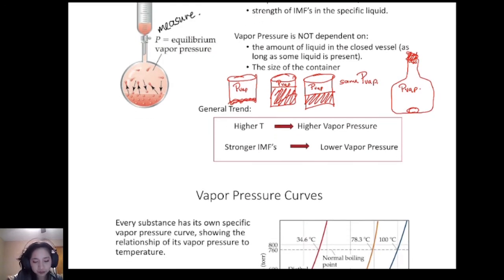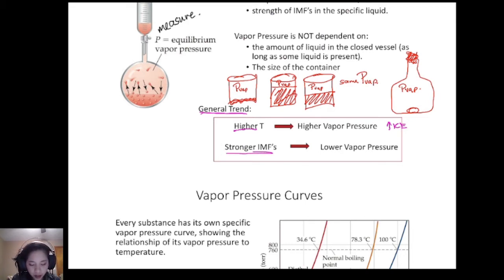Okay. So the general trend we see with vapor pressure and temperature and intermolecular forces: at high temperature, you will see a higher vapor pressure. That's because we have an increased amount of kinetic energy, more kinetic energy to kick those liquid molecules into the gas phase. All right.